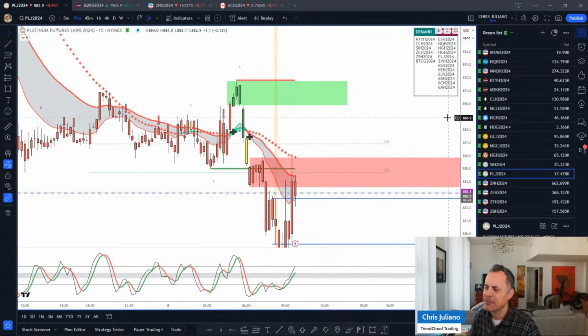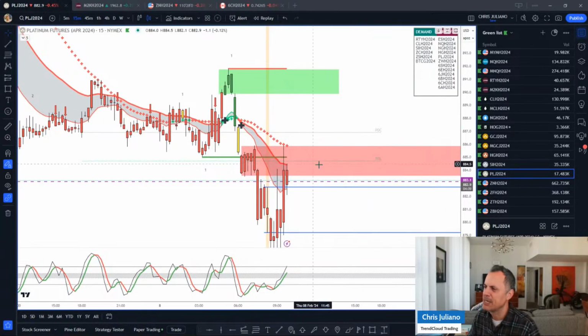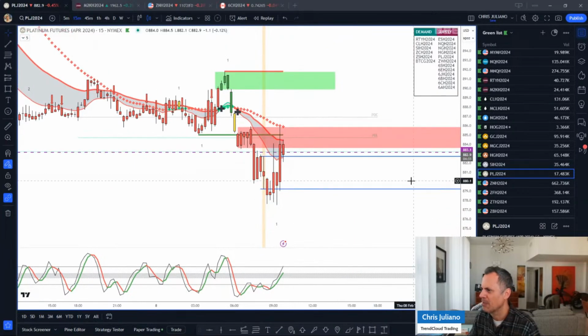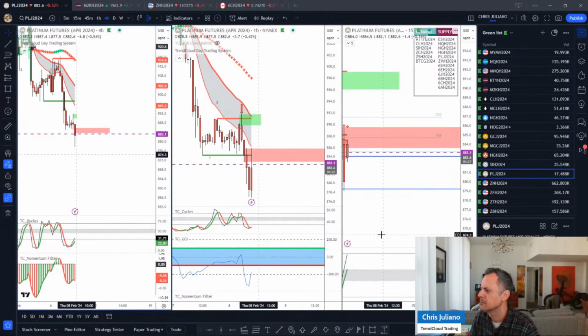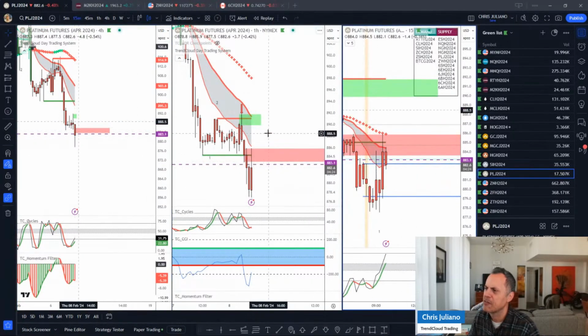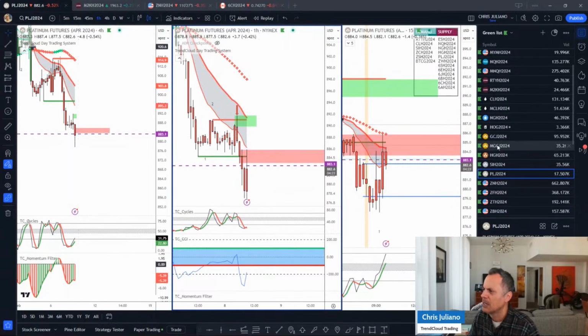So you see how you have to think this stuff through? Man, that's too bad we just missed that. We just missed that sucker. We'll monitor that and see what happens.